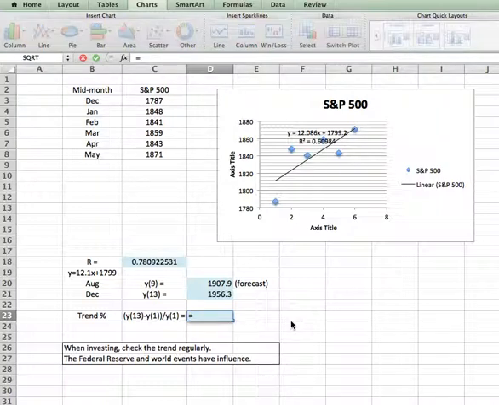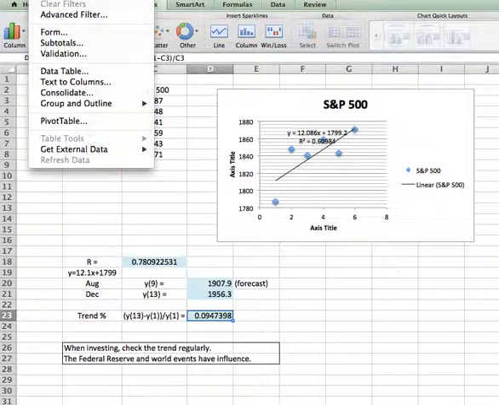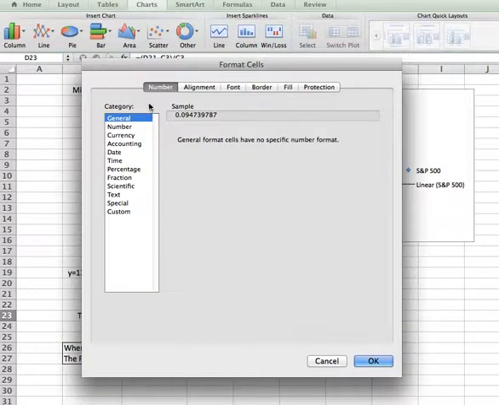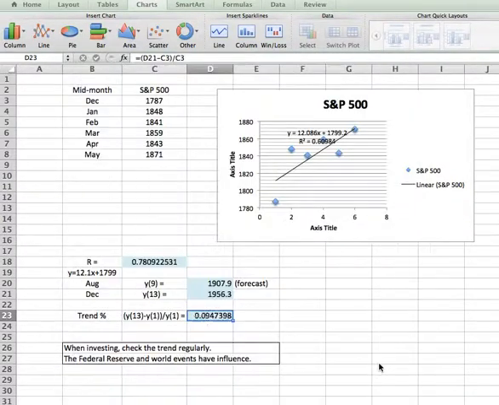So this equals, and that's in cell D21, minus up here cell C3 for December, divided by C3. And so we see that our annual rate of return is 9.5%, but it's showing here as a decimal, so let's put it into percentages. So we're going to format that cell, put it to percentage, and now it's showing us our 9.47% return.